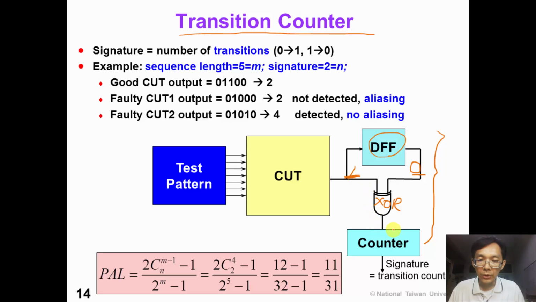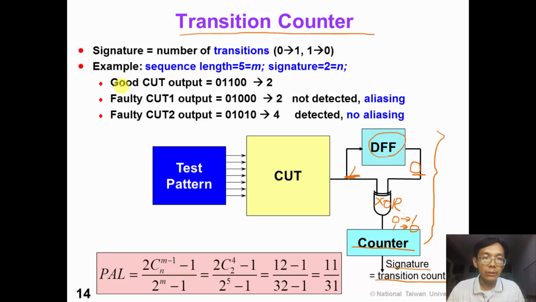If they are different, then we have a 0 to 1 transition or a 1 to 0 transition. This counter is then incremented by 1. So the signature of this ORA is equal to the number of transitions in the output bit stream.